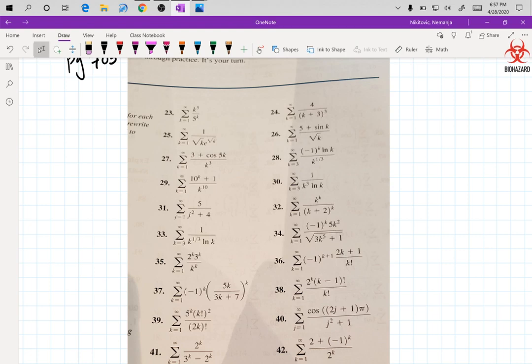So now 23, right? So 23 has a polynomial on top and has the exponential on the bottom. So in this case, you have to choose the ratio test.